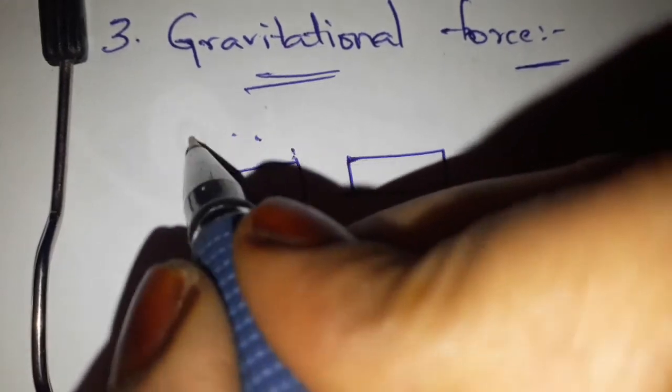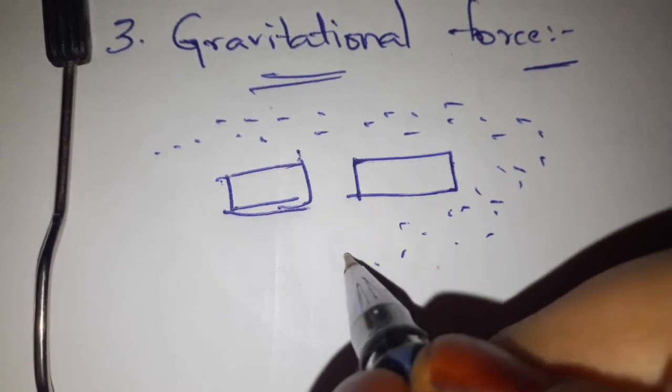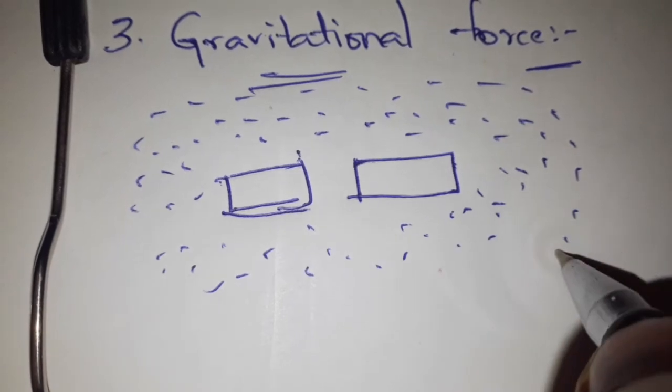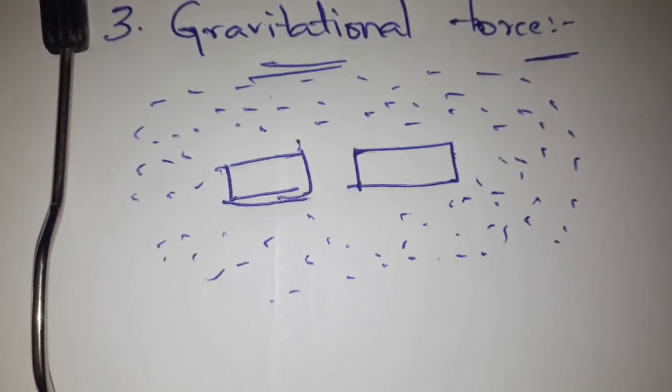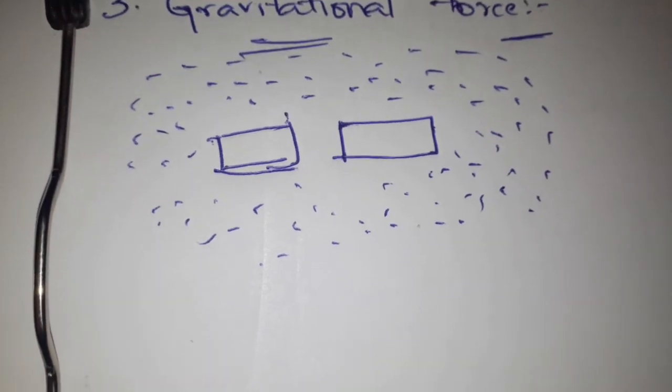We will place a paper and put some iron waste, dust particles of iron, on it. Simply, we will take one table, on the table we will place one paper, and on that we will keep all the iron dust particles.